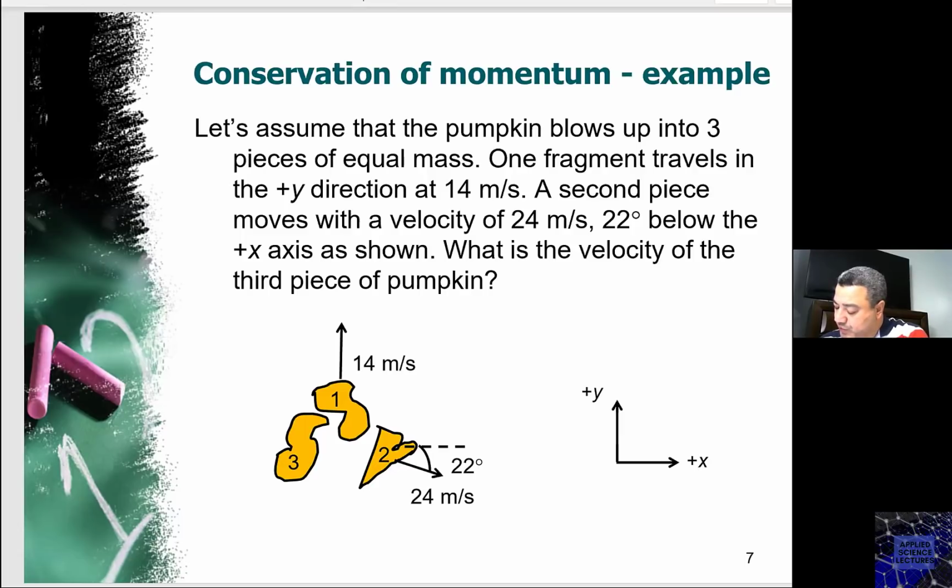If we know that the first one went in the y direction, the second one went 22 degrees below the x-axis, and the second one has 24 meter per second. The first one has 14 meter per second. We need to find the velocity for the third one. So this is a 2D problem. We will be using the conservation of momentum for 2D problems.